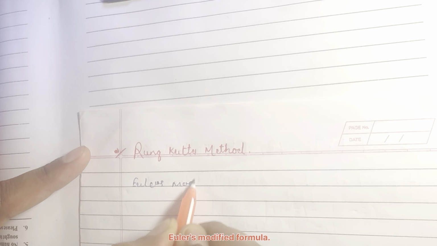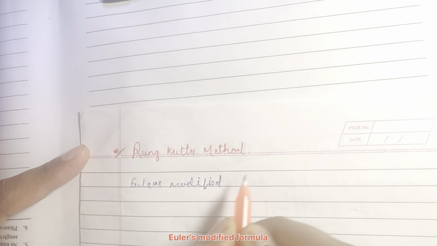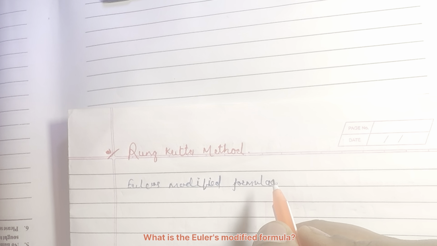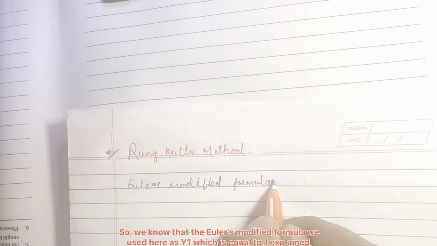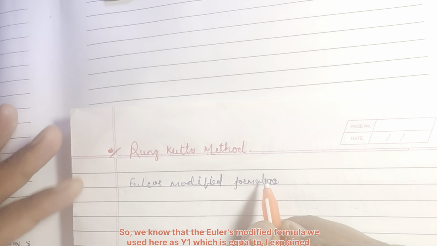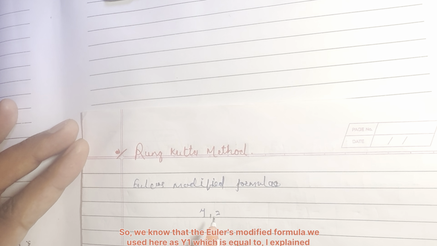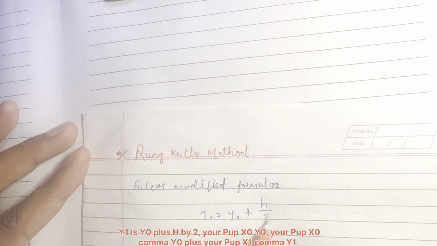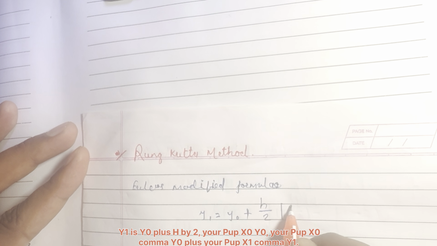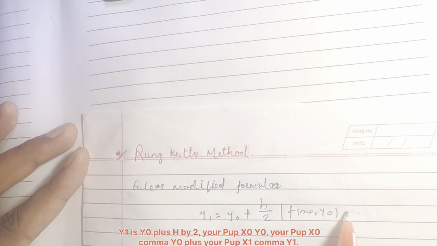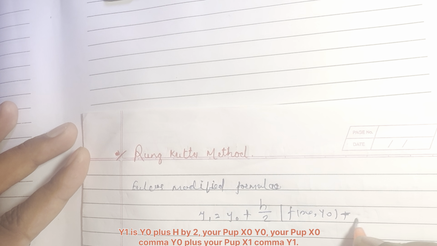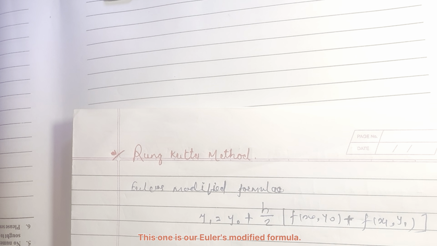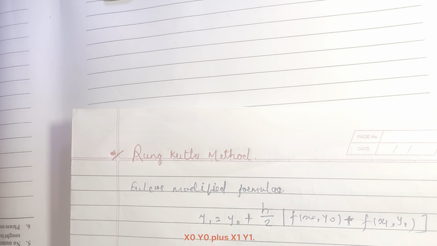I explained in my last lecture how that formula comes. y1 is equal to y0 plus h by 2, times f of x0 comma y0 plus f of x1 comma y1. This one is our Euler's modified formula, with x0, y0 plus x1, y1.